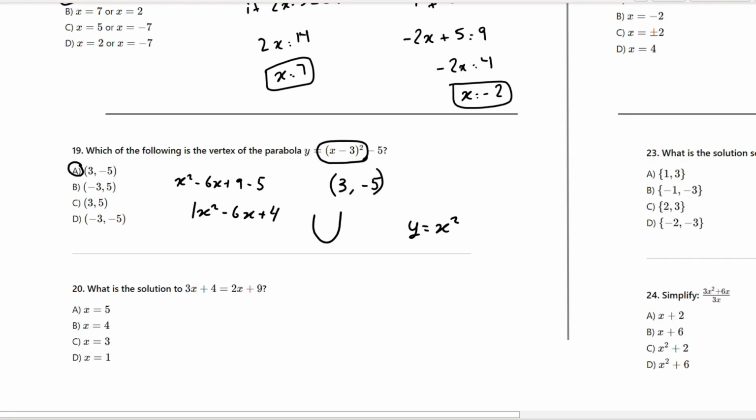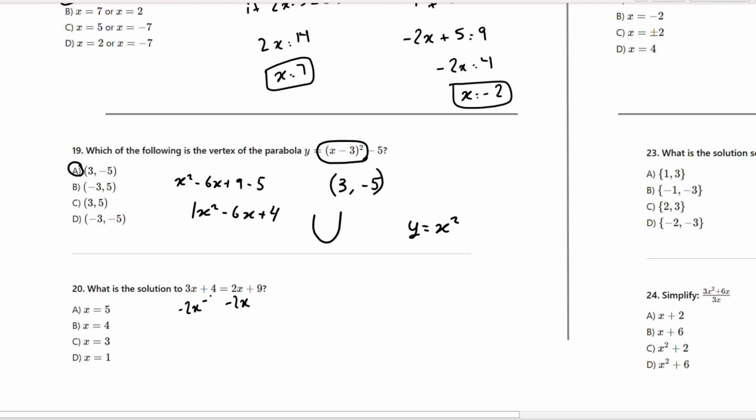Question 20 says, what is the solution to 3x plus 4 equals 2x plus 9? Normally, we're going to just put all the x terms on one side and all the non-x terms on the other. So we're going to subtract 2x from both sides, because if we subtract 2x from this side, we have to subtract 2x from this side.